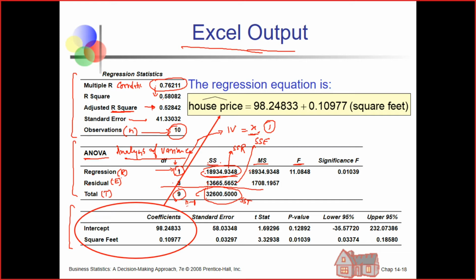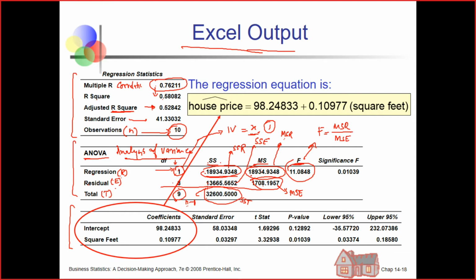In the same way, this value is called MSR, and this value is known as MSE. If you divide MSR by MSE, this divided by this, it will give you F. So F is equal to MSR divided by MSE. Now how do we calculate MSR?